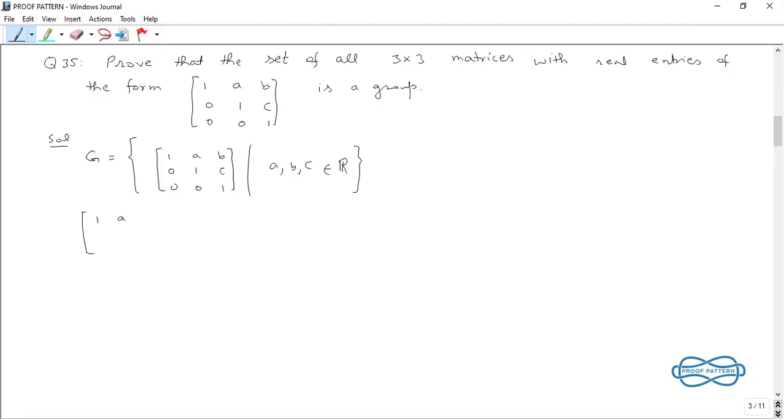Multiplication of this kind of matrices will be of the form: we consider two arbitrary matrices.